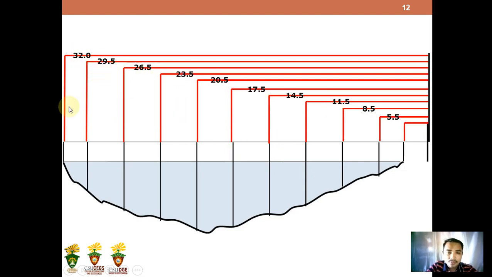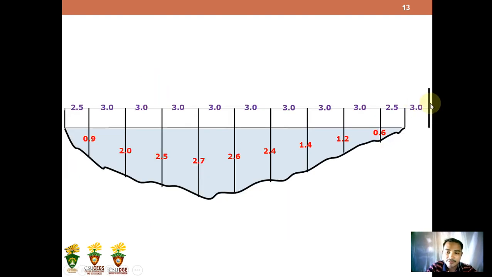And if you subtract, for example, 8.5 to 5.5, we have these distances of the verticals. So we have 3.0 from the starting to the right water edge. Then the first interval is 2.5, then 3, 3, 3, 3, and for the last interval going to the left water edge is 2.5 meters.